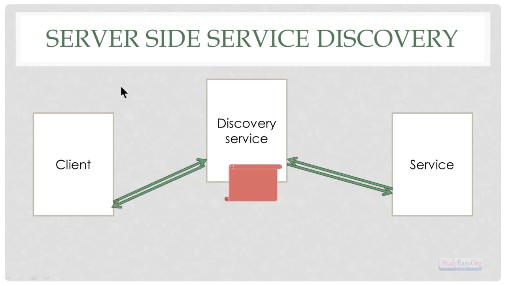So here, all the communication, all the networking is via the discovery service. As a result, there is a high level of dependency on the discovery service, and if the discovery service fails, your application fails. But there is one more thing. There could be multiple discovery services in both client side and server side service discovery.